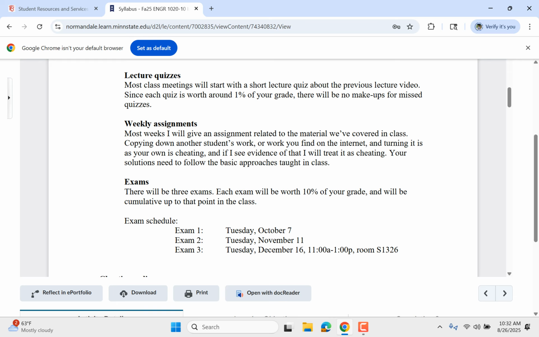And for the written things, it makes sense to just type them out. For the calculations, I think it's actually better for you to write them out in pen or pencil on paper.